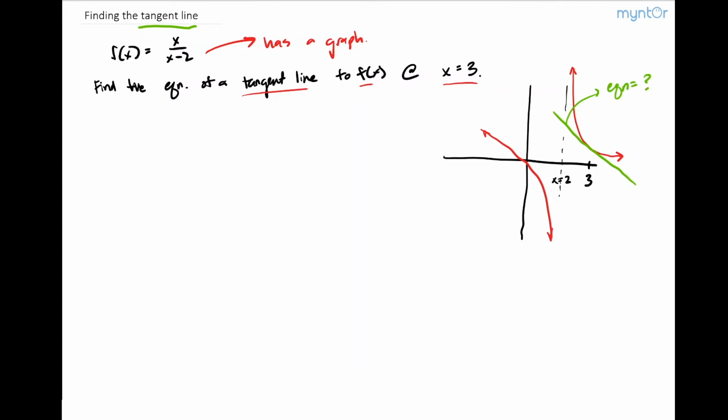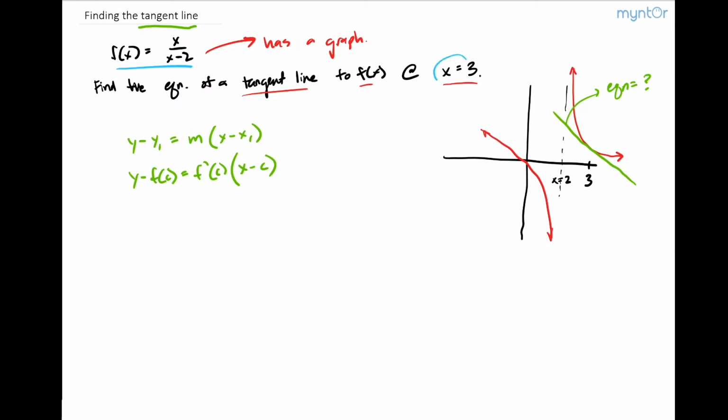Well, we know that the equation of a line can be given by y minus y1 is equal to the slope of the line times x minus x1. Another way to write this out might be y minus f of c is equal to f prime at c times x minus c. So we are given f of x, and therefore we can figure out what f of c is.